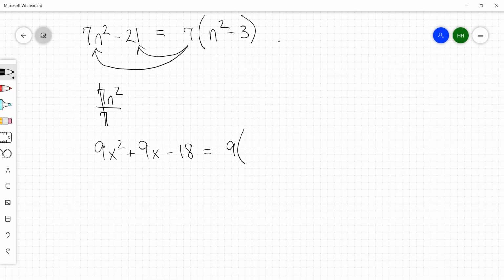And what you're left with inside the parentheses is x squared plus x minus 2. And now you can factor what's inside the parentheses. And if you list your factors of 2, well, there's 1 and 2.